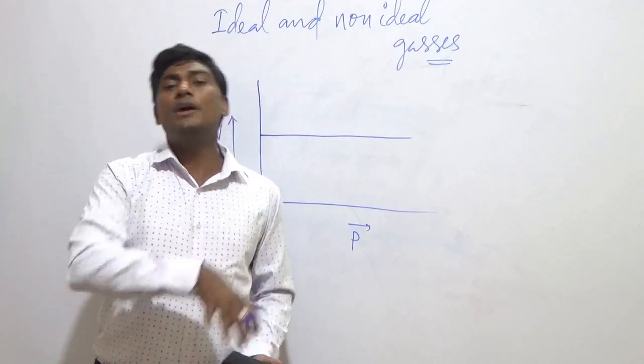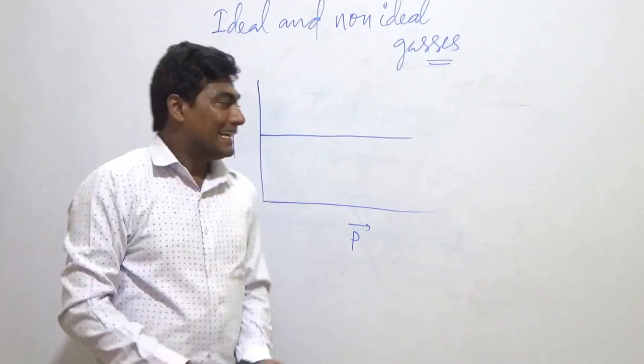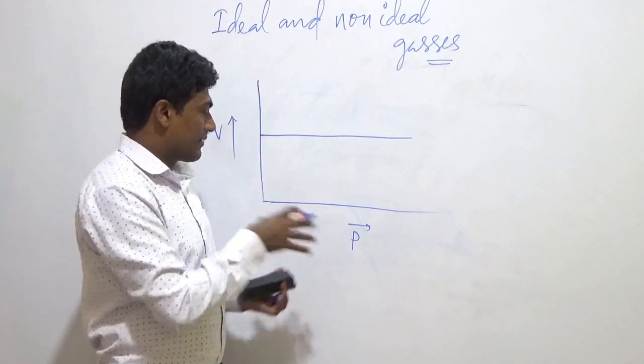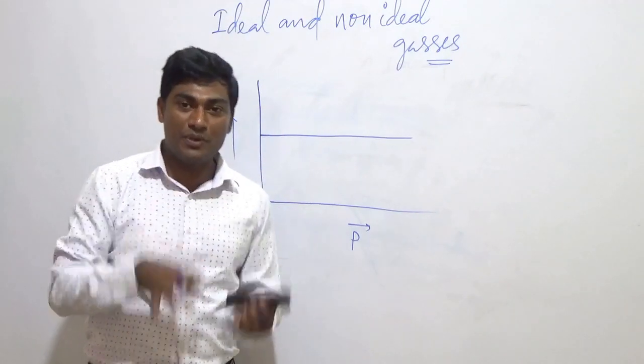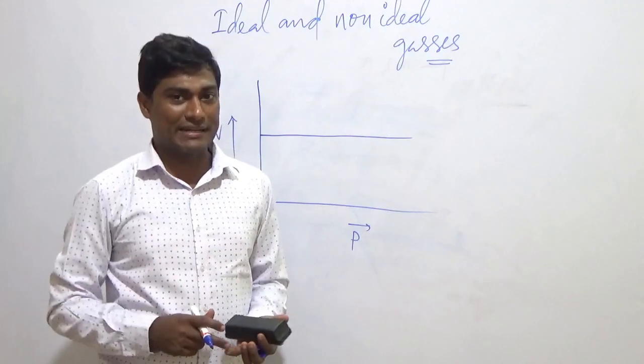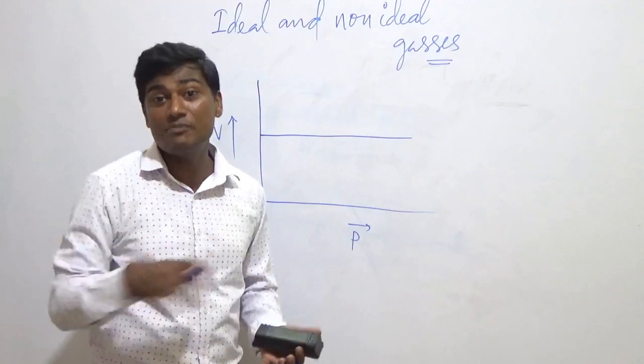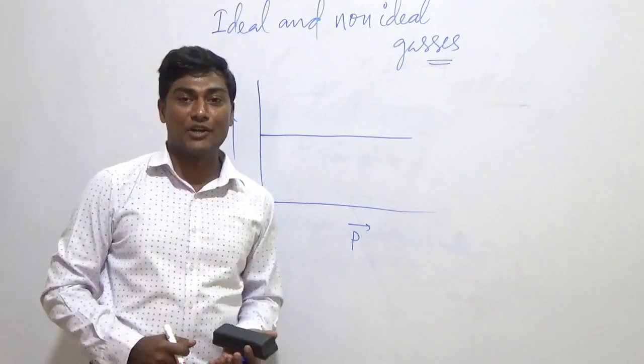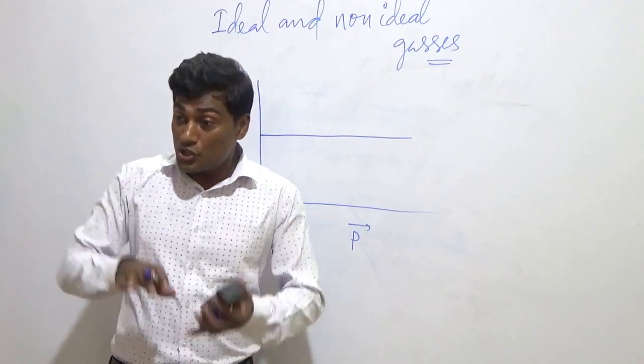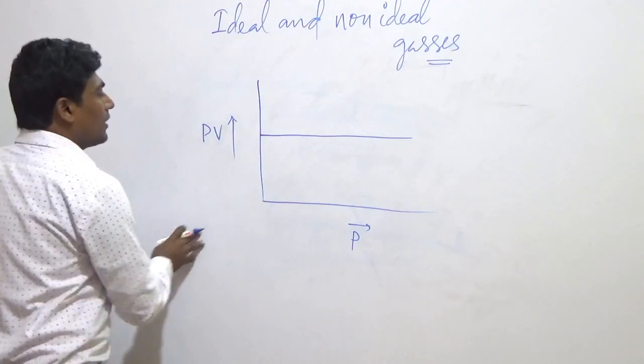Now we are going to plot this graph, PV versus P, for two different gases to have an interpretation of ideal and non-ideal gas. So you see what happens.